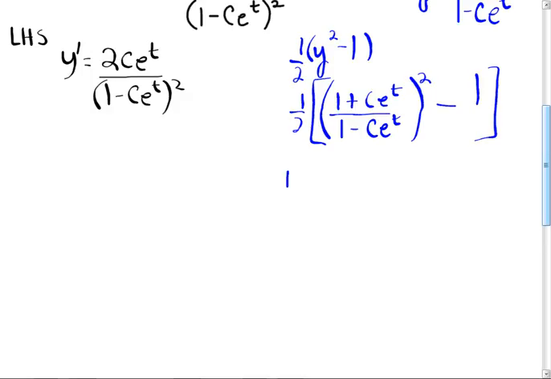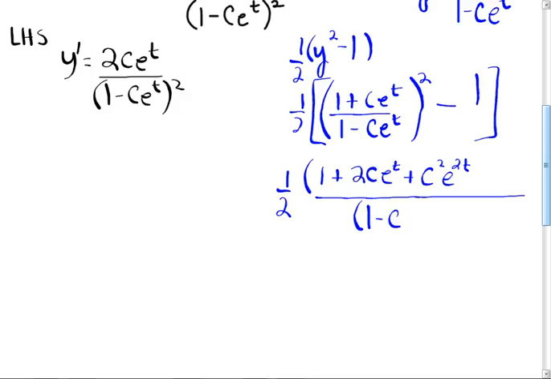So it's 1/2, but let's go ahead and square out the numerator. So it's 1 plus 2c e to the t, right? Can I do that right, Sam? Oh, you're so trusting. c squared e to the 2t. I'm squaring the numerator, and I'm not going to square the denominator, at least not in the denominator.